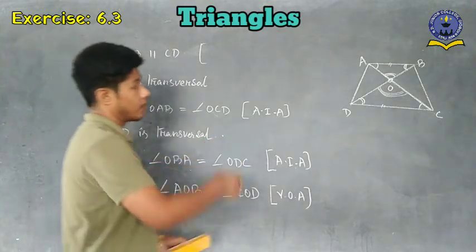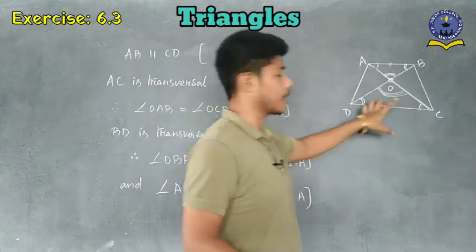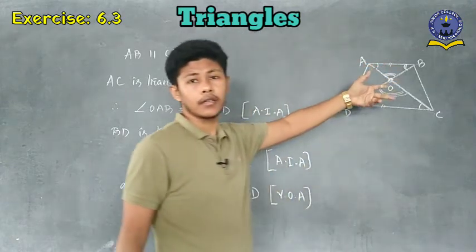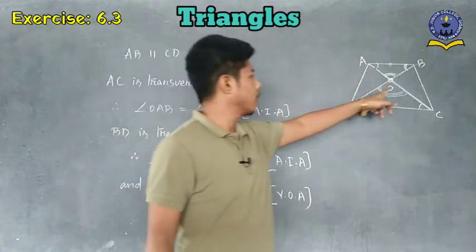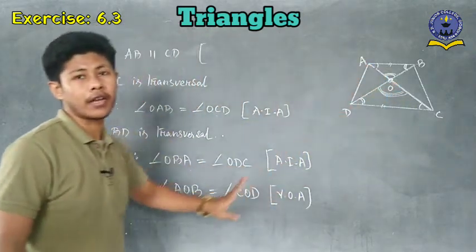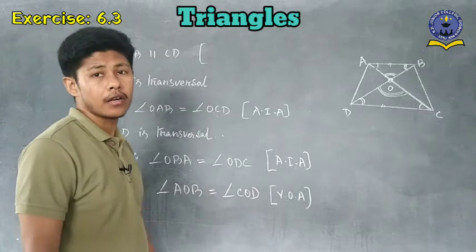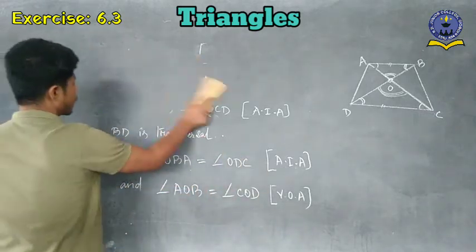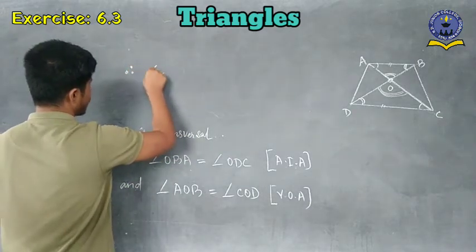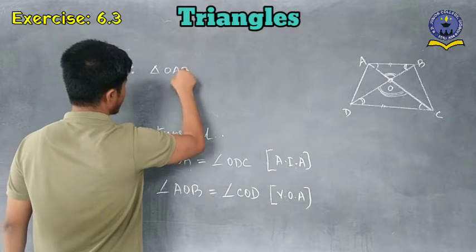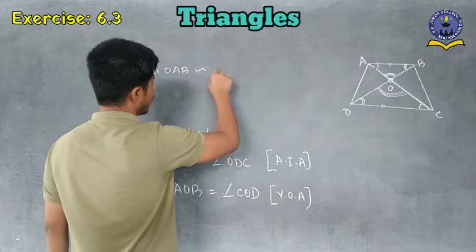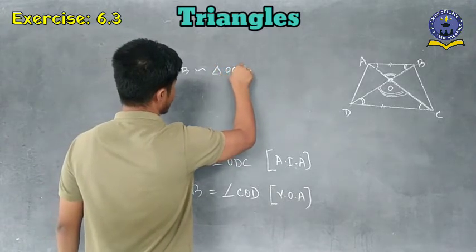If these three angles are equal, first, second, third, easily we can say these two triangles are similar. Which criterion can we apply here? Angle similarity criterion, and we can say these two triangles are similar. So what do we have to write? Therefore triangle OAB is similar to triangle OCD.